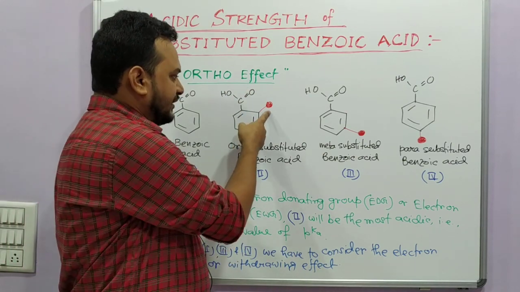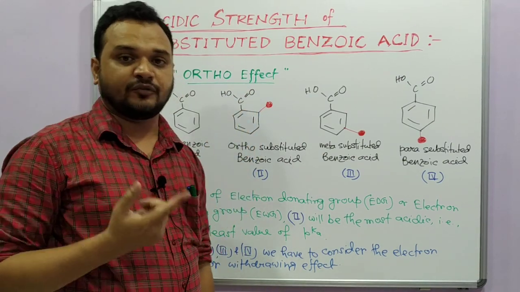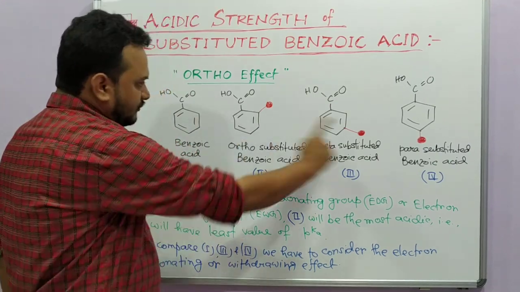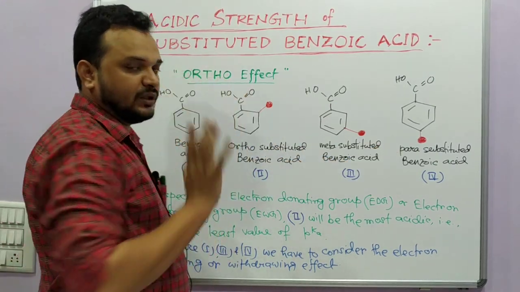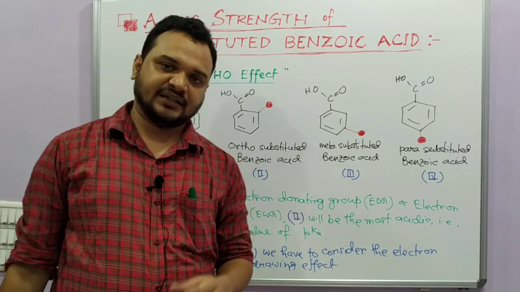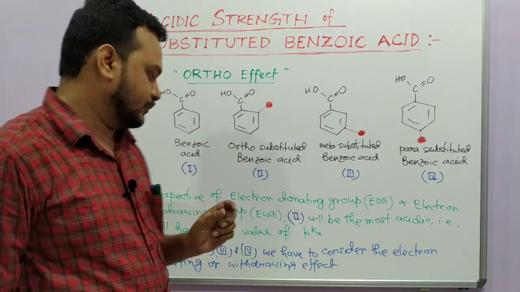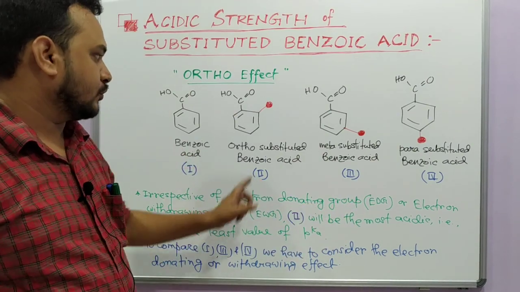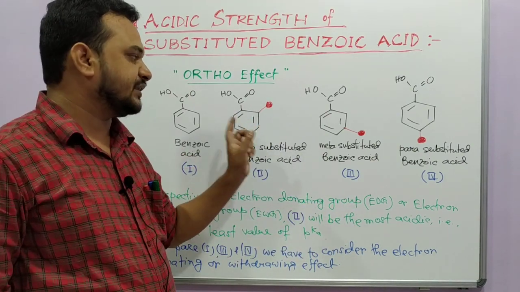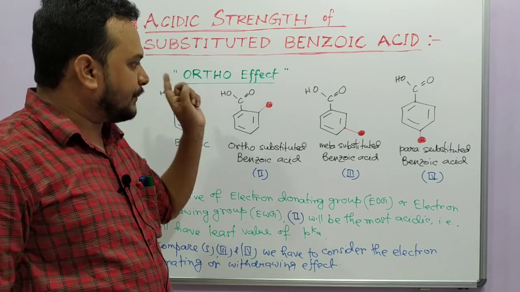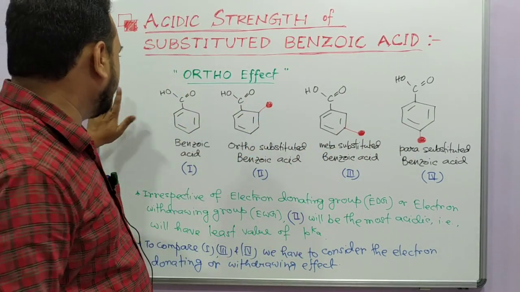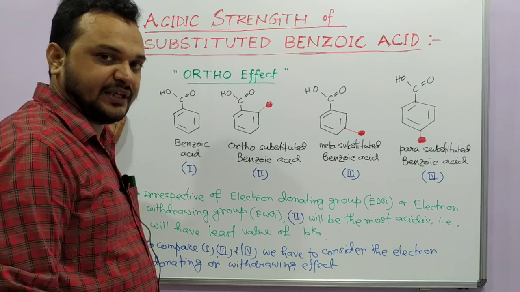If it is at ortho position, irrespective of its electron donating or electron withdrawing nature, out of these 4 compounds, this one will be the most acidic, that is, the least pKa value. So irrespective of electron donating group or electron withdrawing group, 2, that is ortho substituted benzoic acid, will be the most acidic among these 4. So the first acid you get is the highest acidic, or least pKa value.